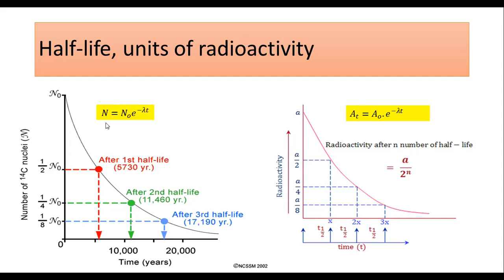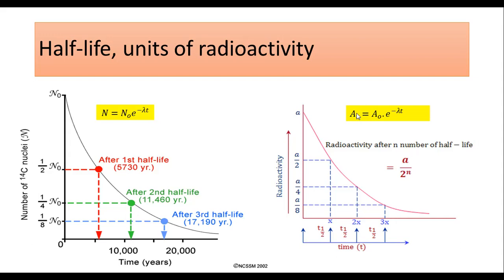So these are the two equations which are given over here. These are similar. One is given with the number of nuclide, that means the radioactive nuclide, and in the other equation, A_t is the activity, or you can say this is the total radioactivity.